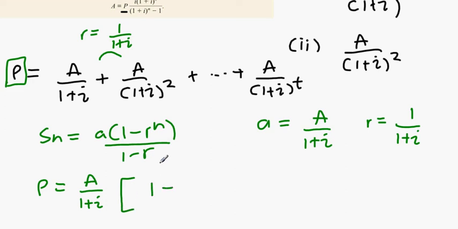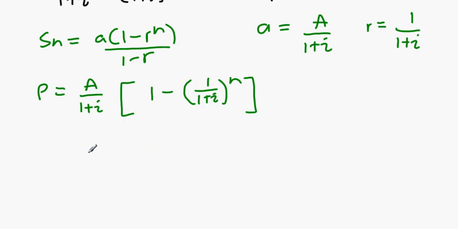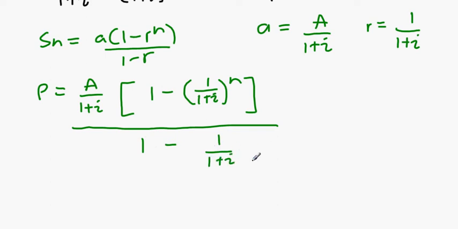So P is equal to A over 1 plus I, times the bracket 1 minus r, which is 1 over 1 plus I to the power of n. And then on the bottom, we're going to have 1 minus r, which is 1 minus 1 over 1 plus I. Now, here's what we're going to do starting off.